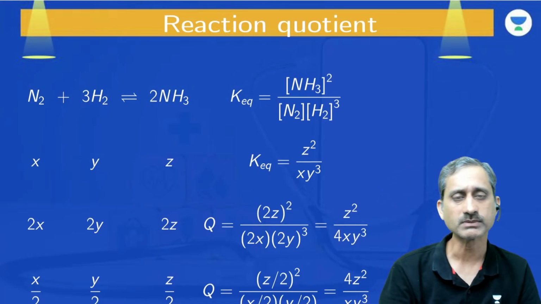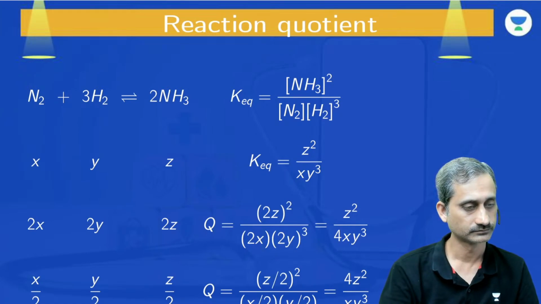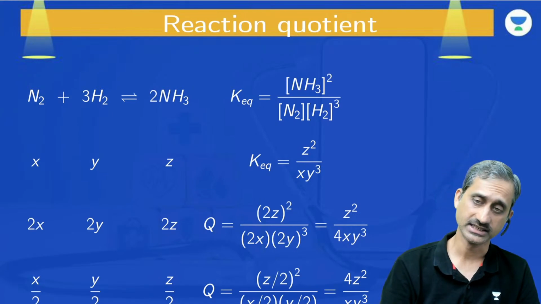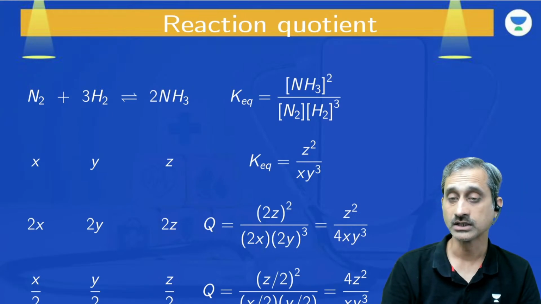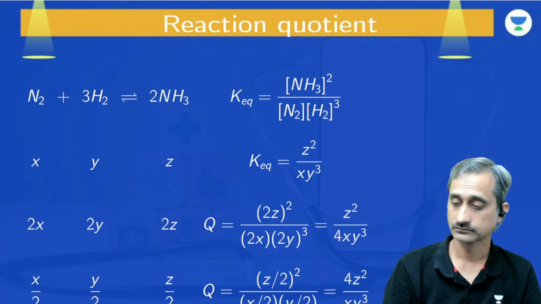Do the same thing with this particular reaction. N2 plus 3H2 giving 2NH3. What is going to be the effect of increase in pressure and decrease in pressure on this particular reaction? Whether it's going to move forward or backward or it does not change. Check it out and tell me. Tell me, tell me.